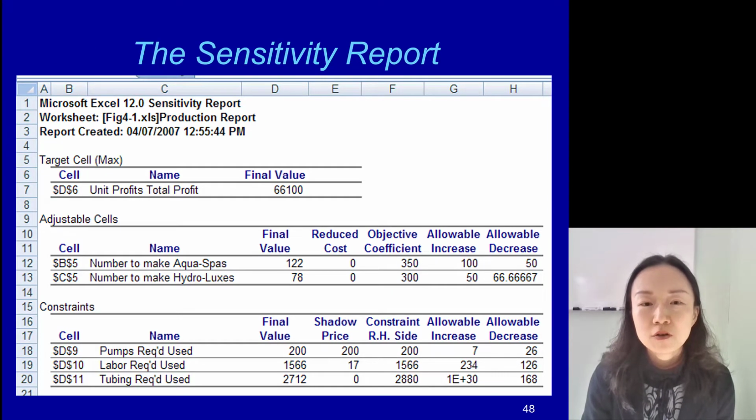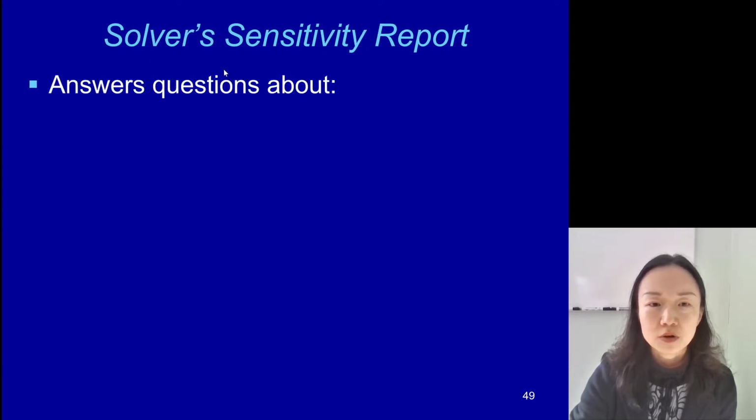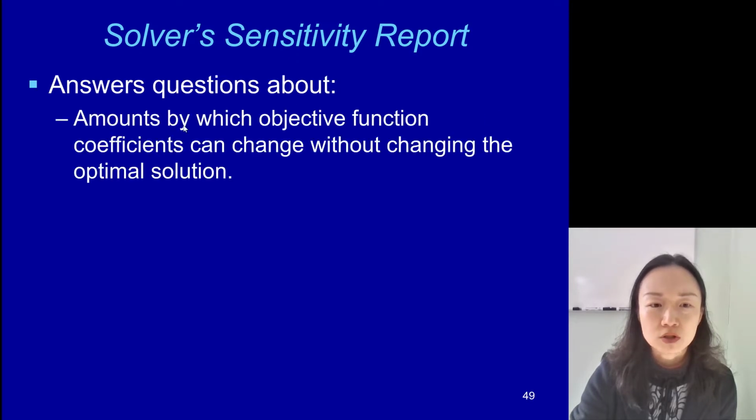With this, we covered every part of this sensitivity report in terms of what information it gives us and how to interpret those values. So the solver's sensitivity report answers questions about amounts by which the objective function coefficients can change without changing the optimal solution.